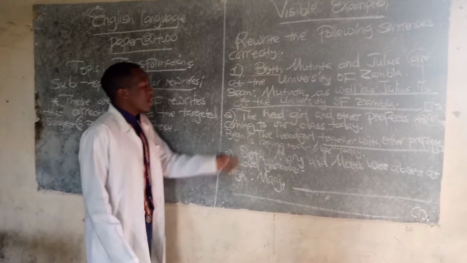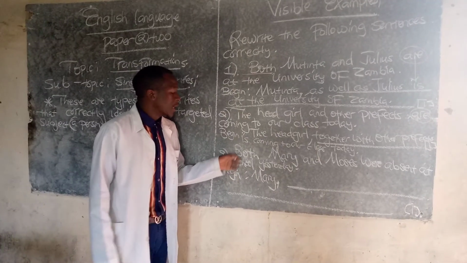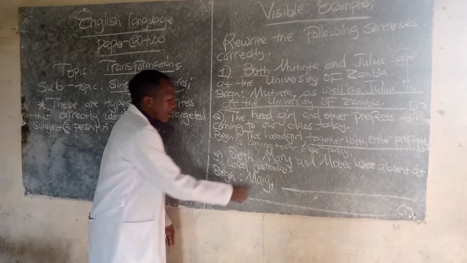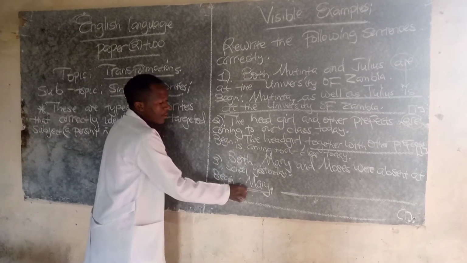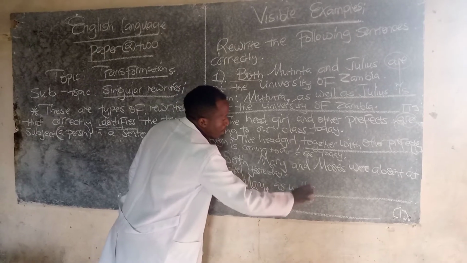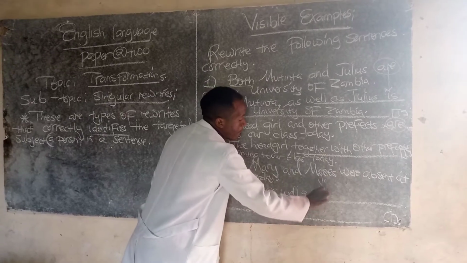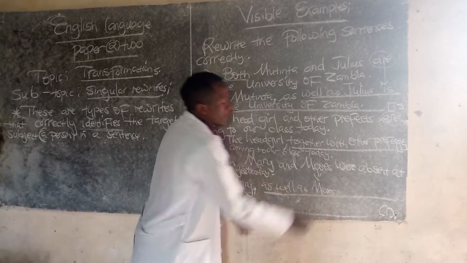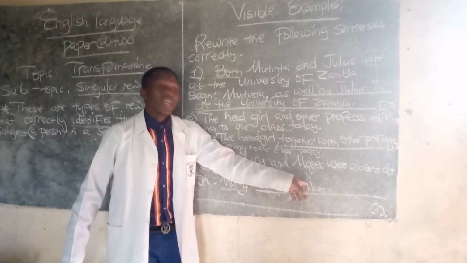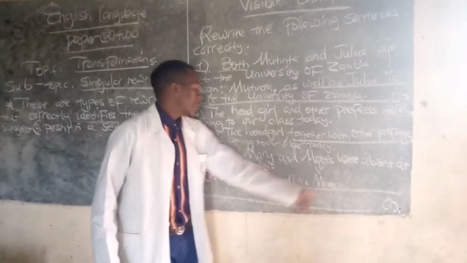Then, question 3. Both Mary and Moses were absent at school yesterday. So our focus here is on Mary. So I'm going to say Mary, we can say "as well as". We're going to bring down the name Moses, but don't forget Moses is a noun. A noun should be respected, where the first letter becomes a capital.